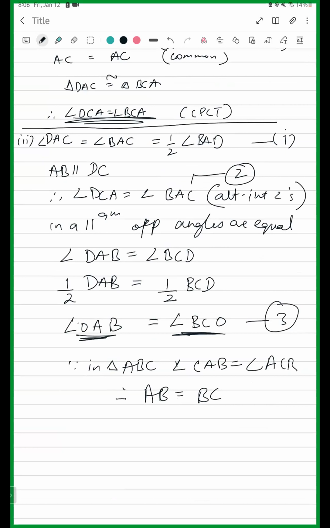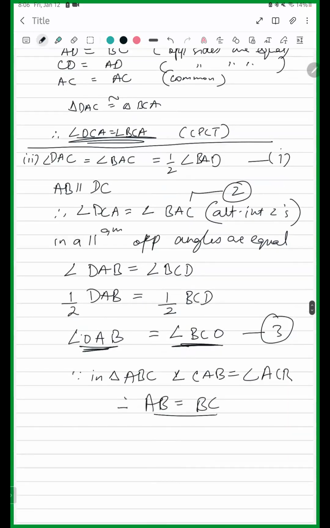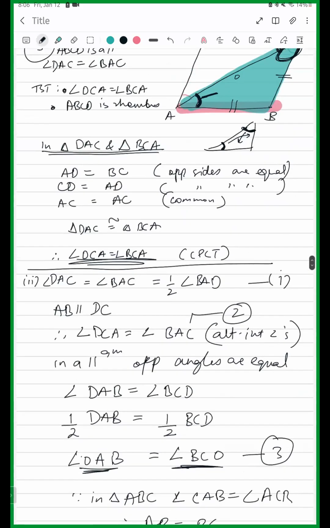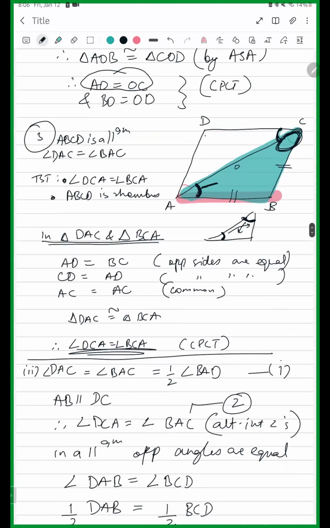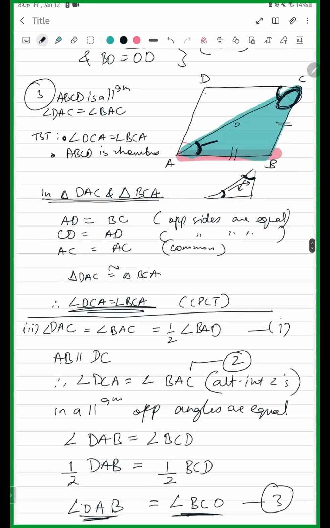I'm not writing the entire thing here. So therefore these two sides are equal, and since AB is equal to BC, and we know that AB is equal to DC also, and BC is equal to the opposite side DA.